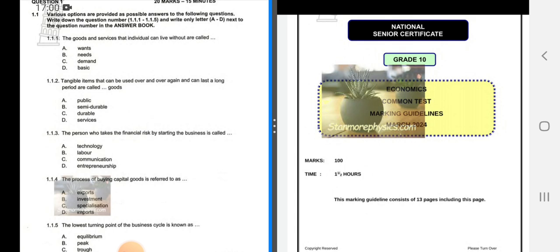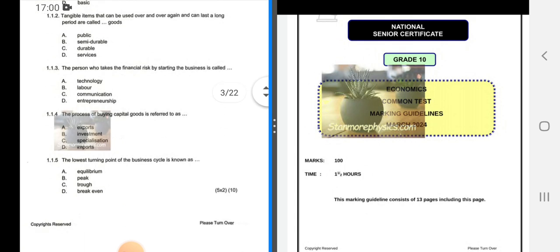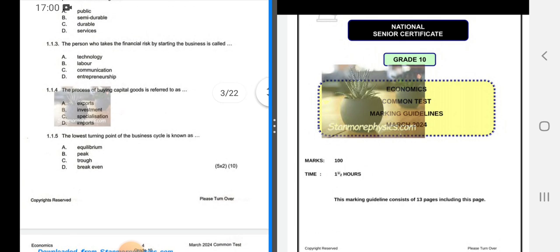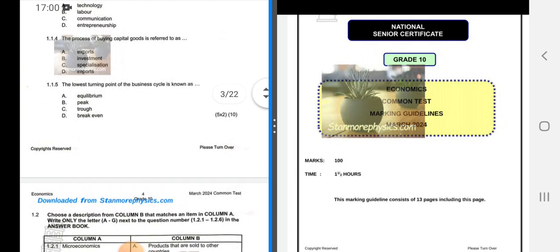What do we call a person that starts a business? 1.1.4 says the process of buying capital goods is referred to as capital goods. And then 1.1.5 says the lowest turning point of the business cycle is known as, we have equilibrium, peak, trough, and break even.